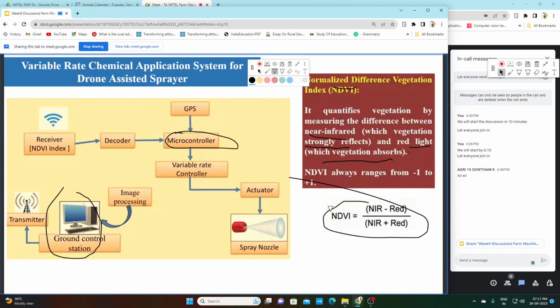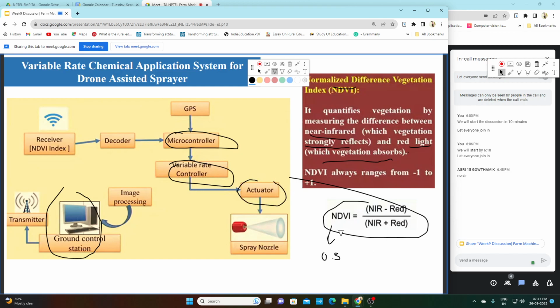What you need to understand is that NDVI will give a value like 0.5 or 0.6. Let's say 0.5 is your threshold value. If the value coming is more than the threshold value, then only the microcontroller will operate the variable rate controller, and your actuator will operate.